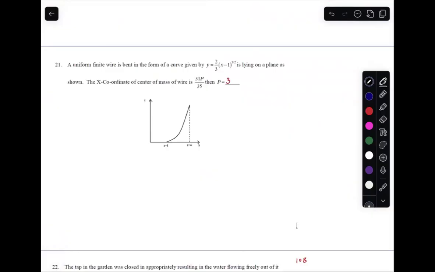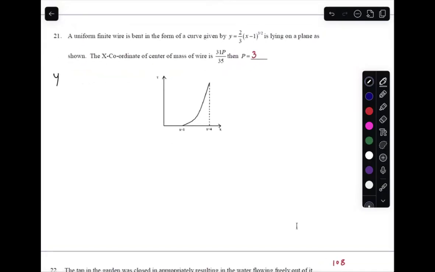In the 21st question, the numerical part has a slight calculation. What is that calculation? You need to understand what is given. y is equal to 2 by 3 into (x minus 1) all to the power of 3 by 2.